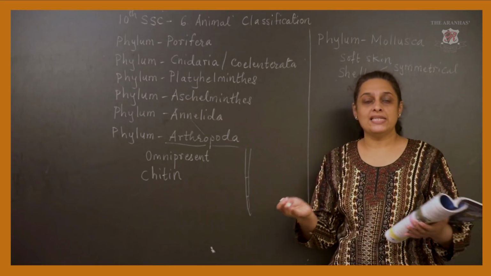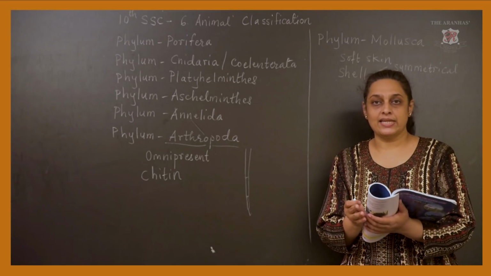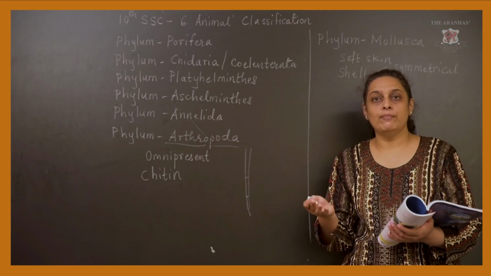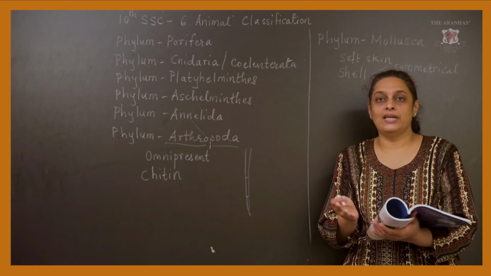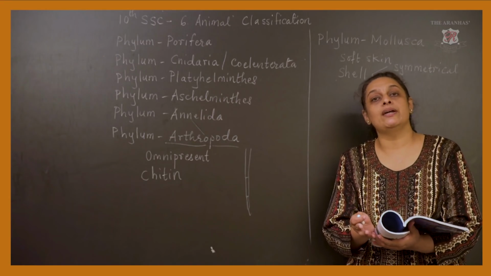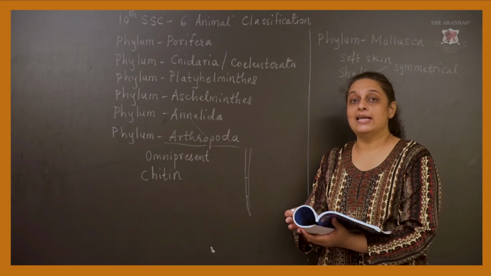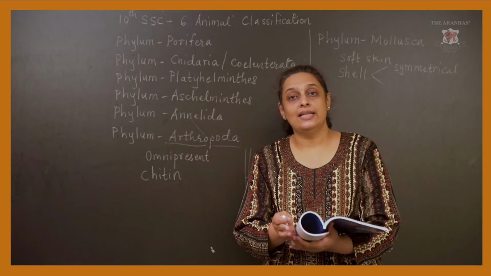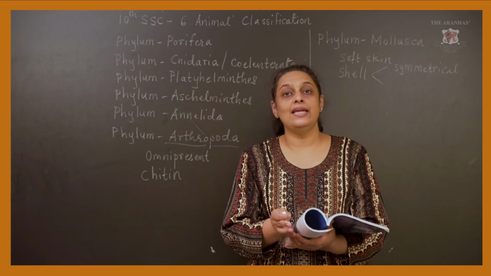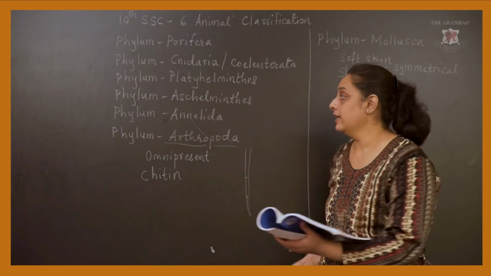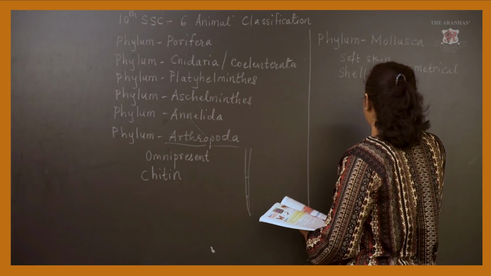So, like two pieces, two identical pieces forming a box, a lid and box, something like that. That is a symmetrical organism. And if animal has got a shell that is coiled, spirally coiled, then it is an asymmetrical shell.